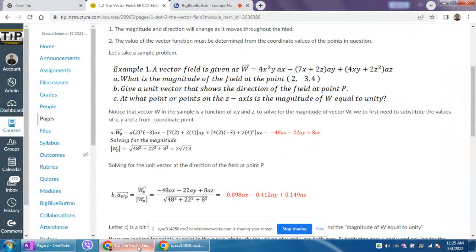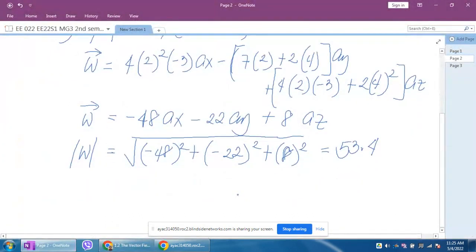Next question po. Give a unit vector that shows the direction of the field at point P. So, kukunin lang po natin yung unit vector nito. So, letter D question na po yun. So, AW at point P. No? So, this will be W, vector W at point P over the magnitude.